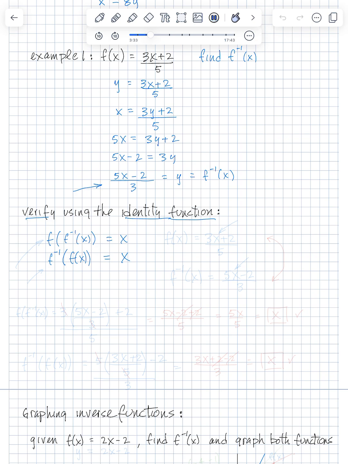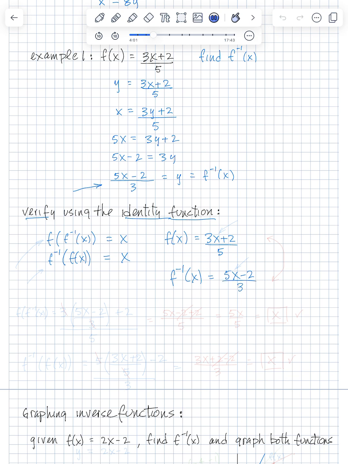So f of x was 3x plus 2 over 5, and our f inverse of x is 5x minus 2 over 3.